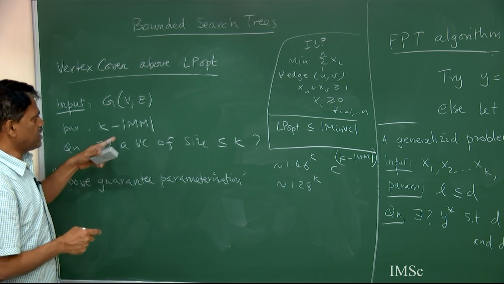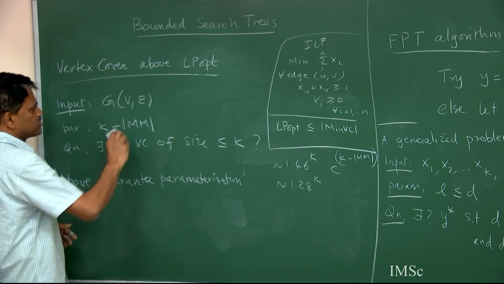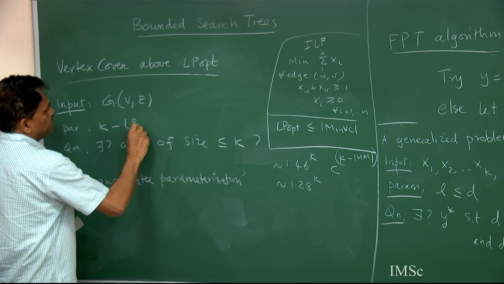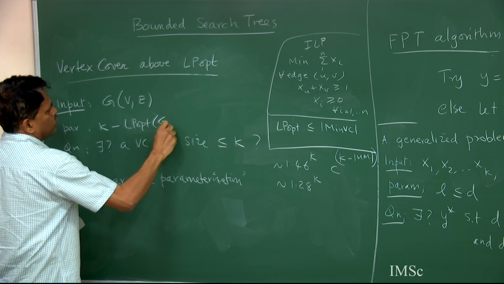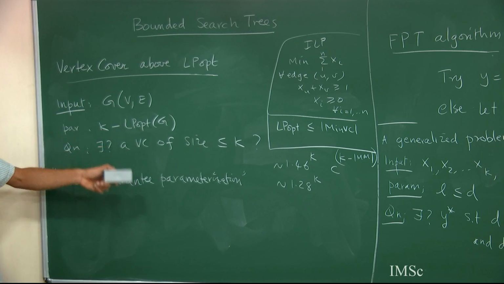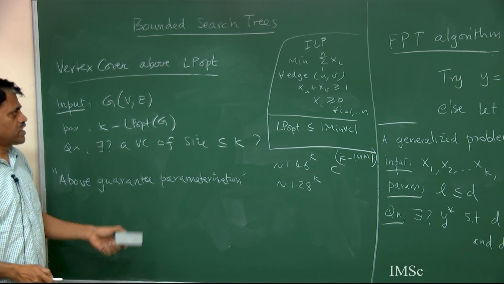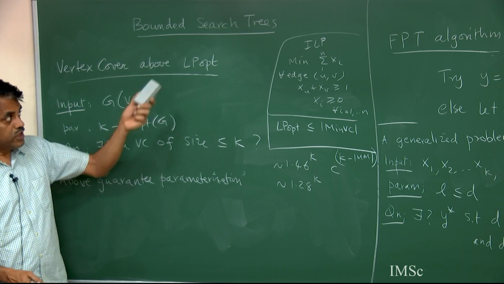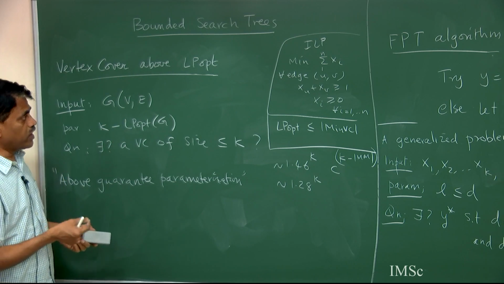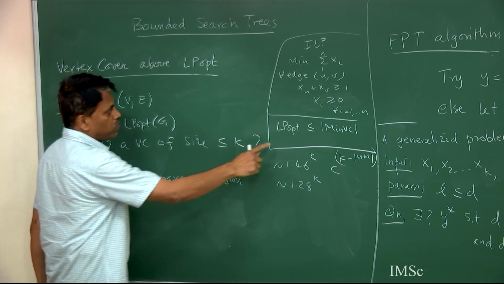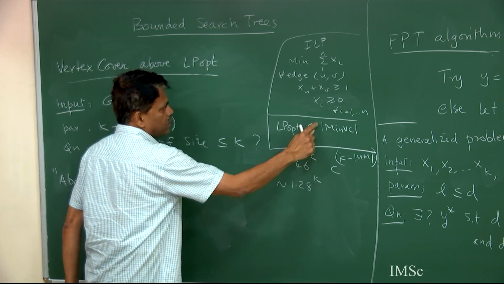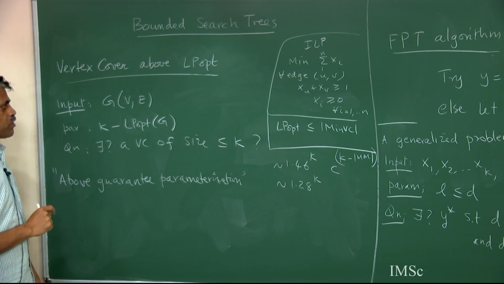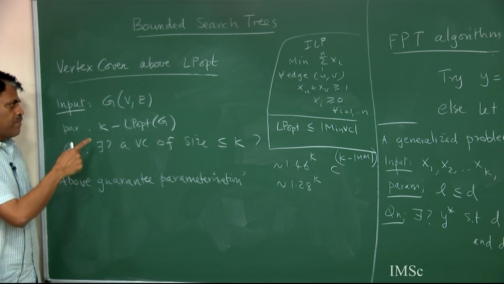So, now I can ask the following question: k minus LP opt of G. By that I mean, you write the vertex cover LP relaxation for the graph, solve it, and get the optimum value. The minimum integral vertex cover is greater than or equal to this, so that difference is non-negative.